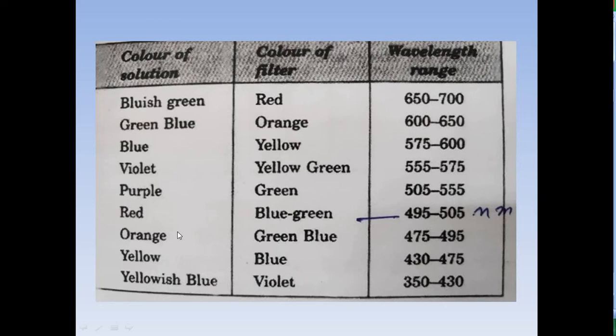And if the color of the solution is yellowish blue, the solution meaning the sample solution which we are about to measure the concentration of, then for a yellowish blue solution we can use a violet filter whose wavelength is around 350 to 430 nanometer. So this is how filters are chosen for the respective reaction.